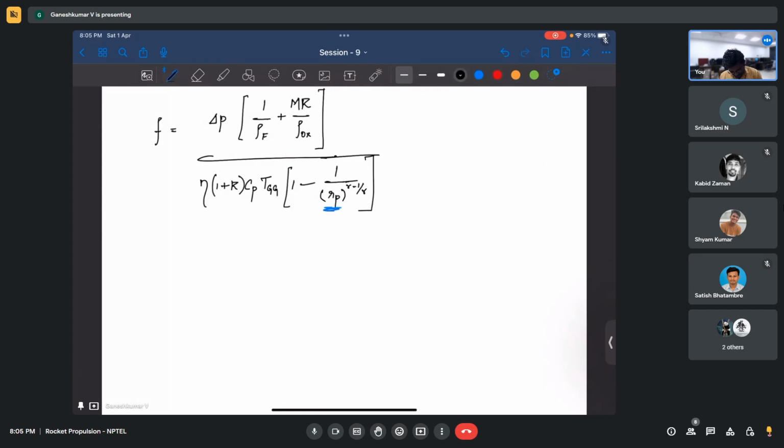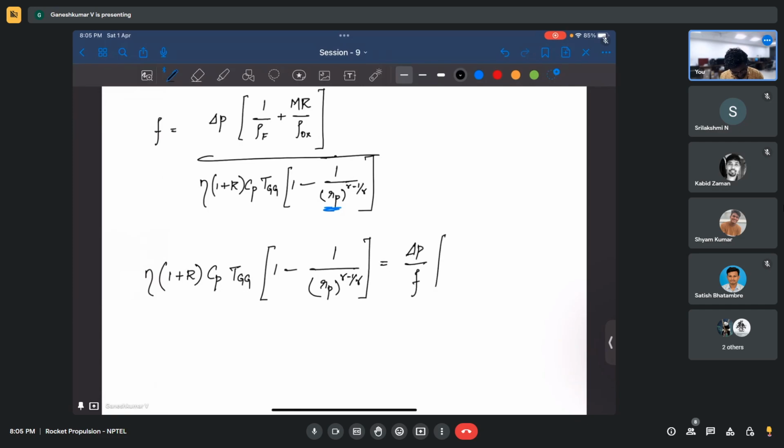So maybe I will write this as eta times 1 by r, 1 plus r, cp times T gg, times rp power gamma minus 1 by gamma, equal to delta p by f, 1 by rho f plus mixture ratio divided by rho oxidizer.